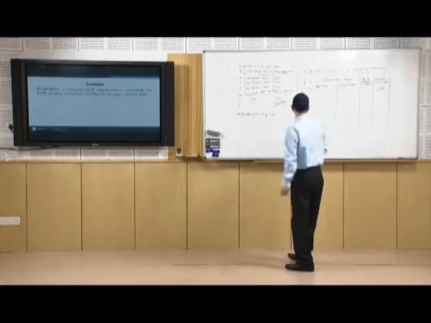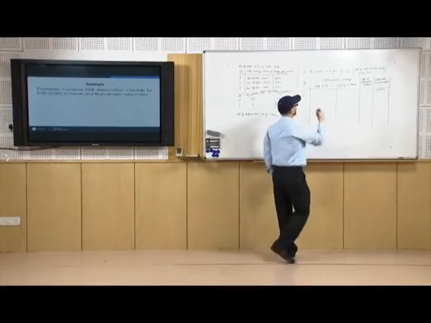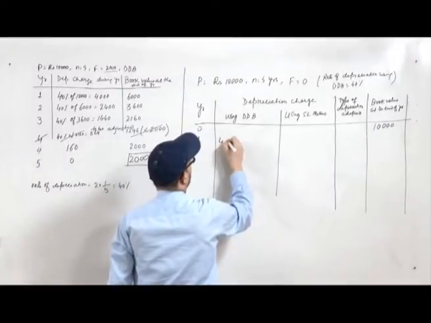So, in the first year it will be 40% of 10,000, that is 4,000.